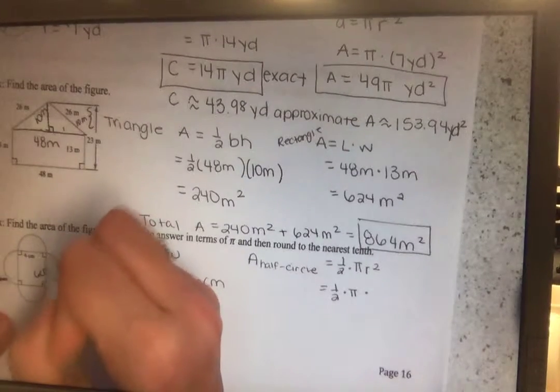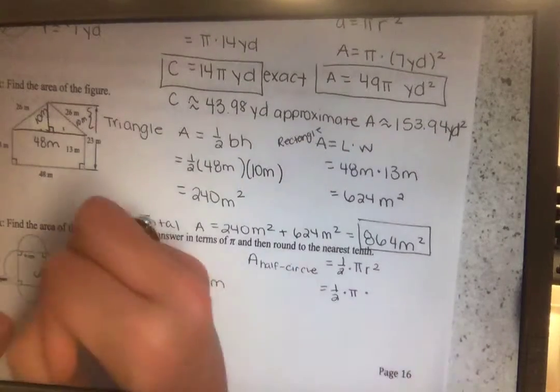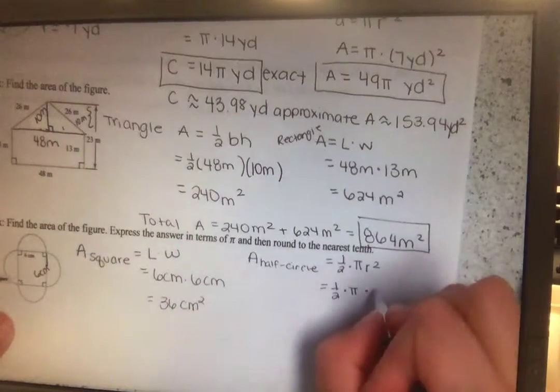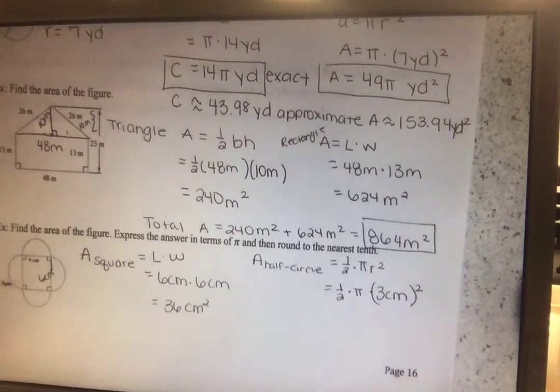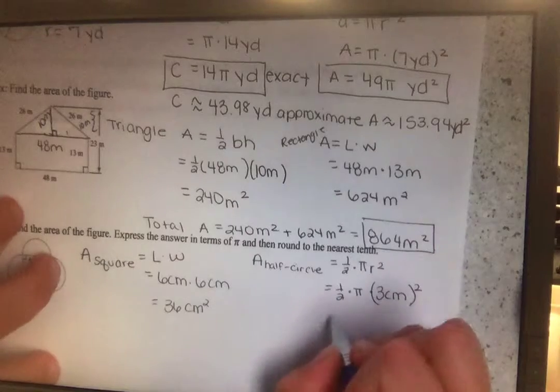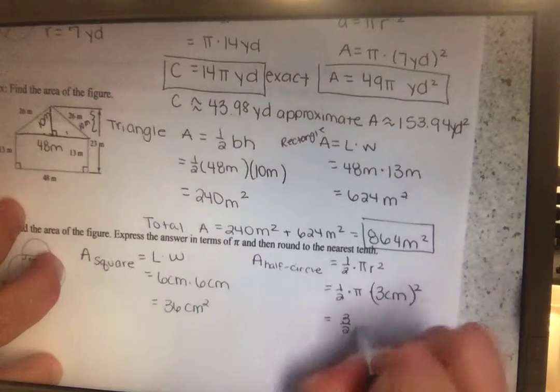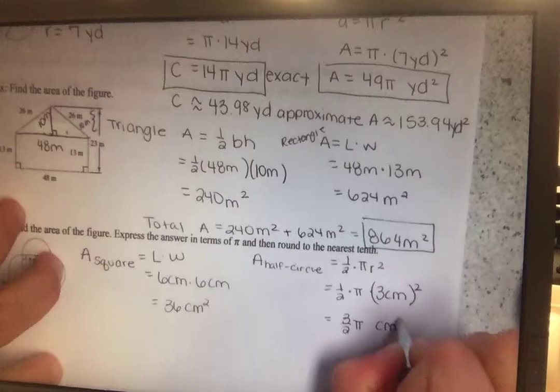If this whole diameter is 6 centimeters, that will tell me that half of this, my radius, is going to be 3 centimeters. So our radius squared, our radius is 3 centimeters.